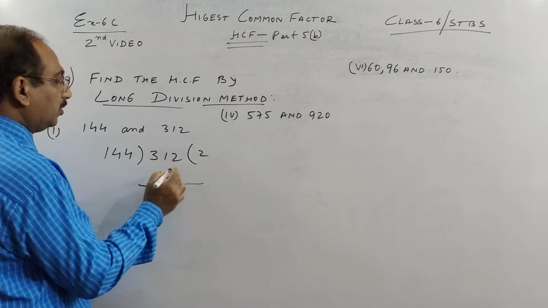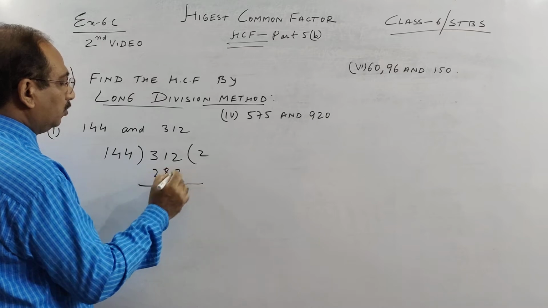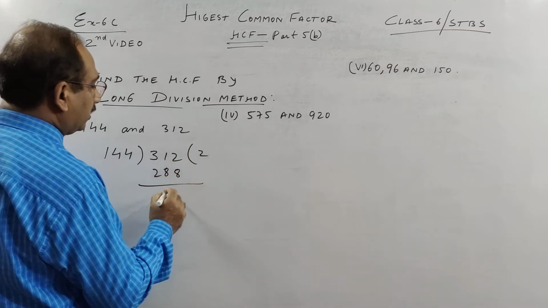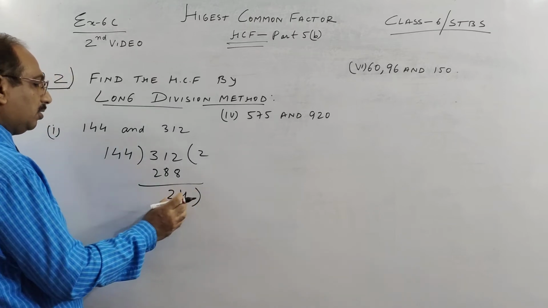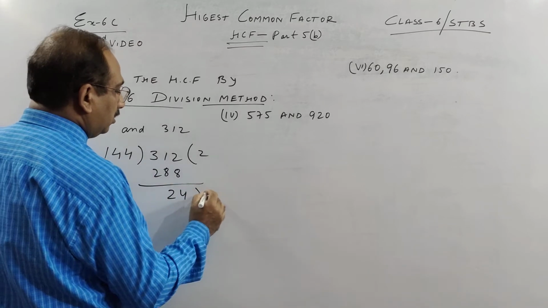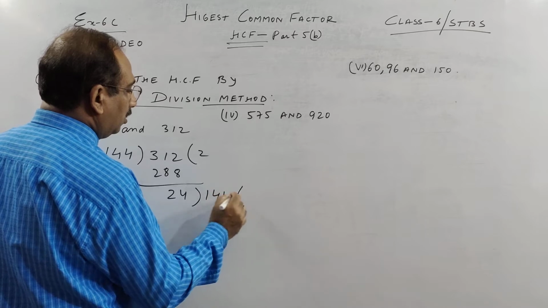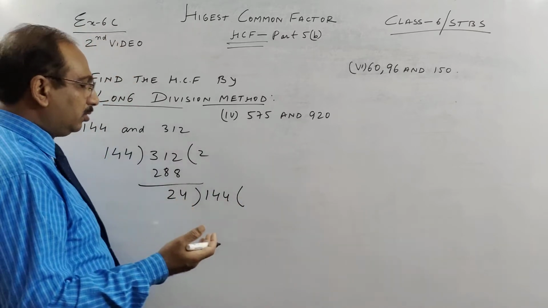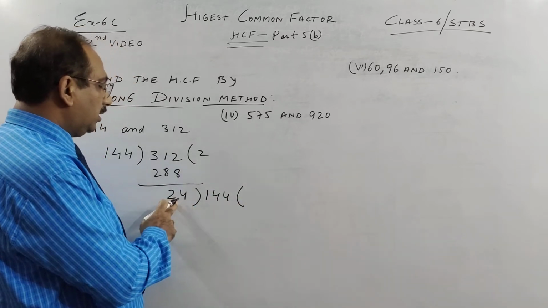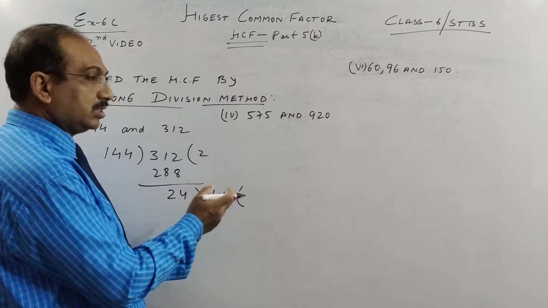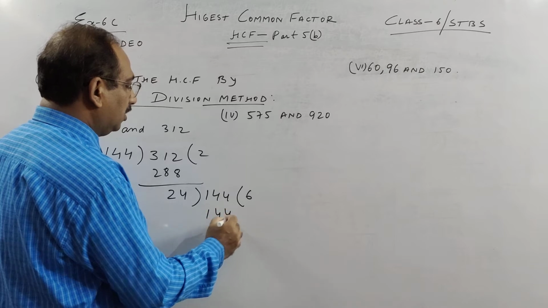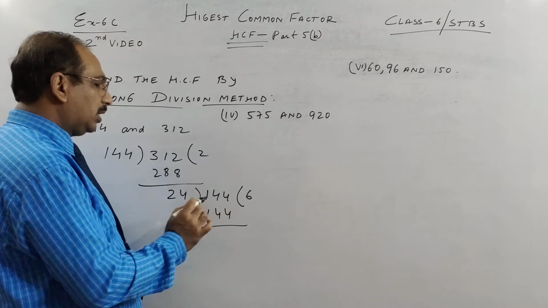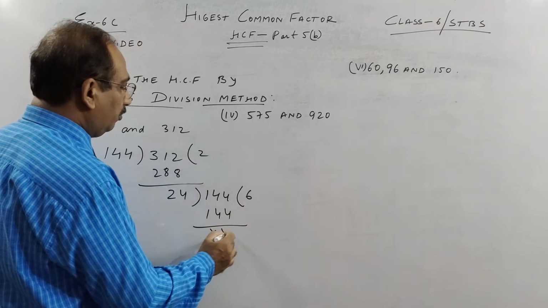So 2 times 144 is 288. Subtract, you will get 24. Then the remainder of step 1, we take as the divisor. If you don't know the 24 table, you can see 5 sixes are 120, 4 sixes are 24. So this will go 6 times, children. You can multiply and see there won't be any remainder.